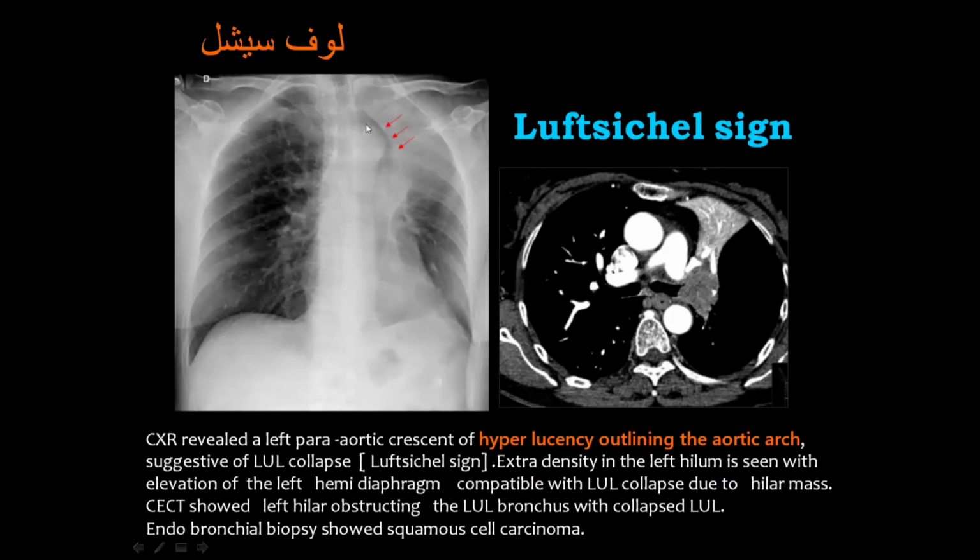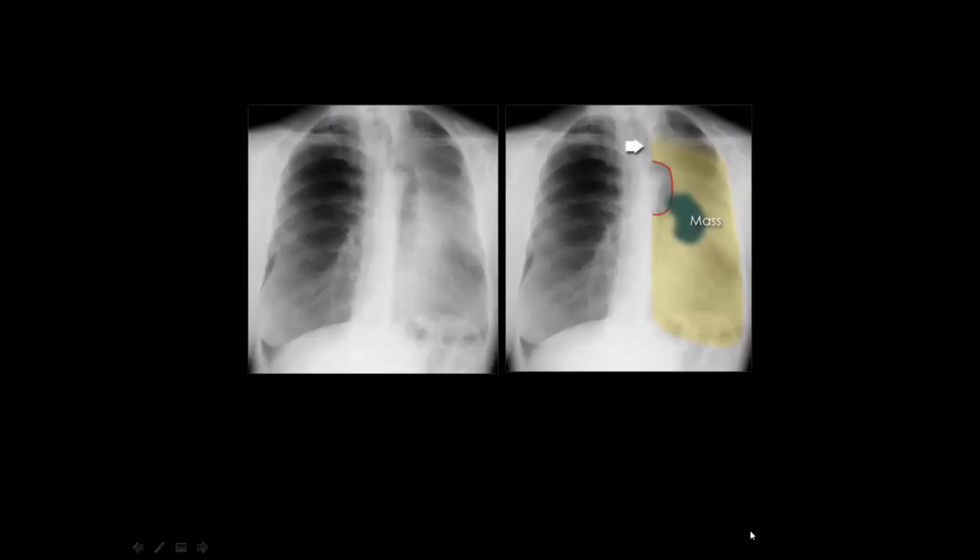This is what we call Luftsichel sign. If you see this Luftsichel sign, you know that you are dealing with a bronchogenic carcinoma that has resulted in upper lobe collapse and a herniation of the hyperinflated right upper lobe to the left side.